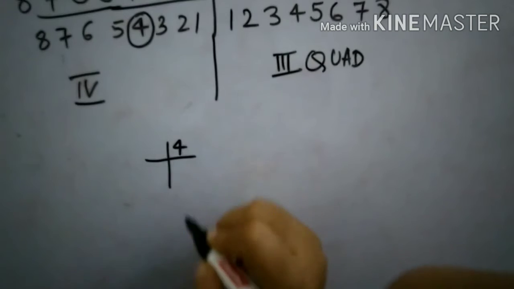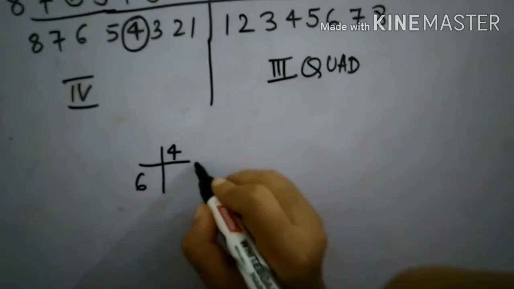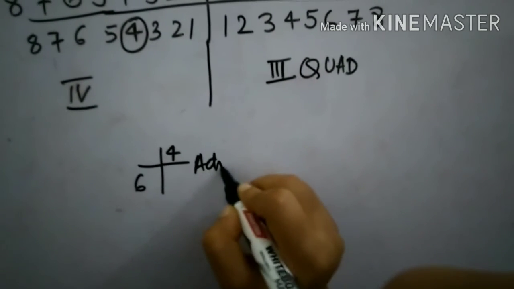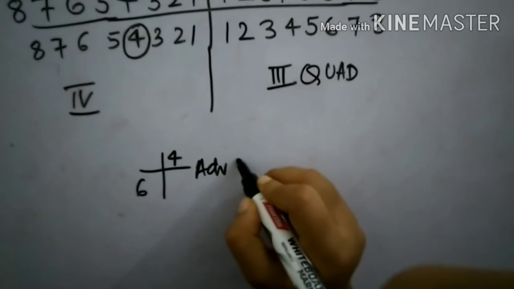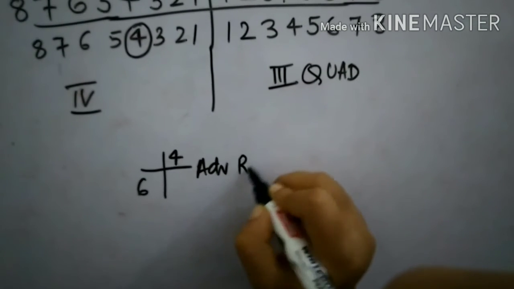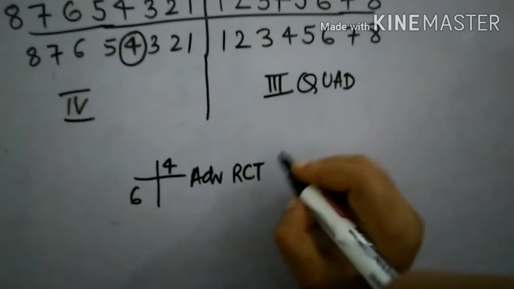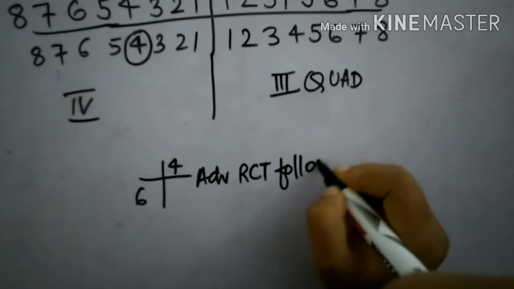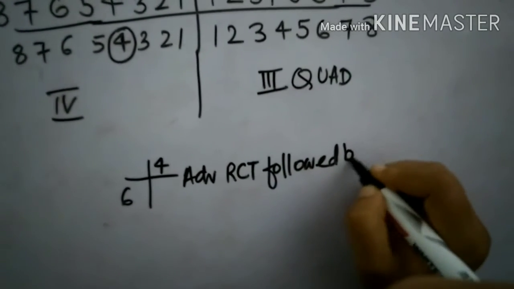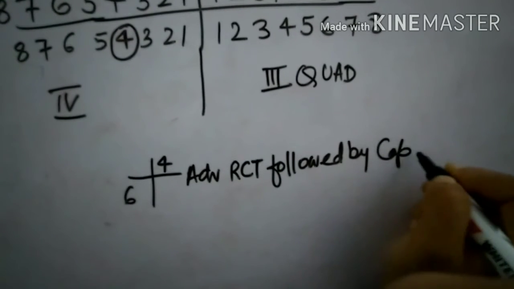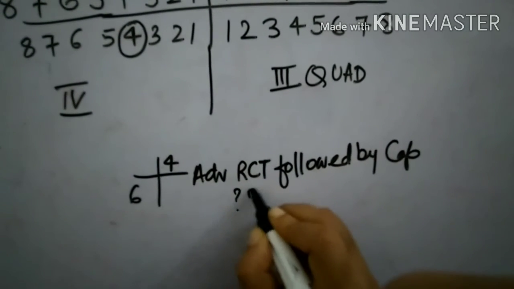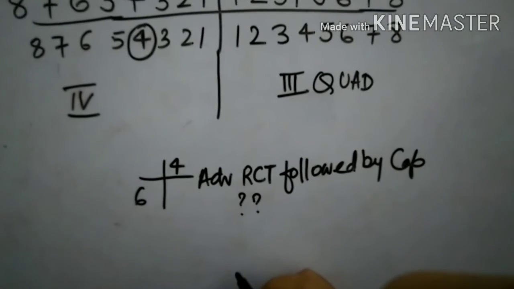Now there's one more example. If dentists have written this way, there's this diagram, and then it's written advise, for example, root canal again, because it's easier to correlate, and then it's written followed by maybe crown or cap. Then what does that mean?